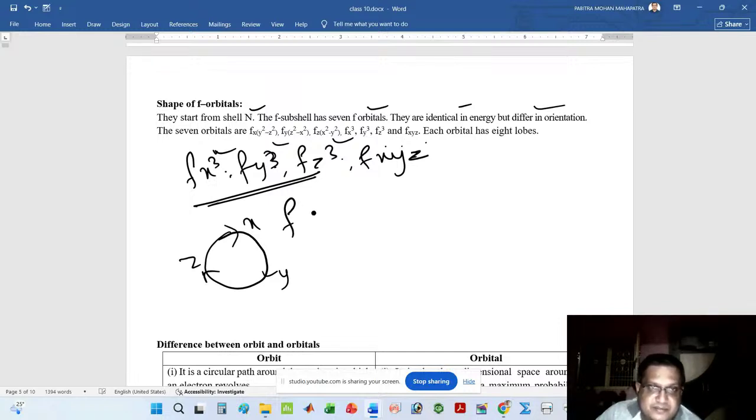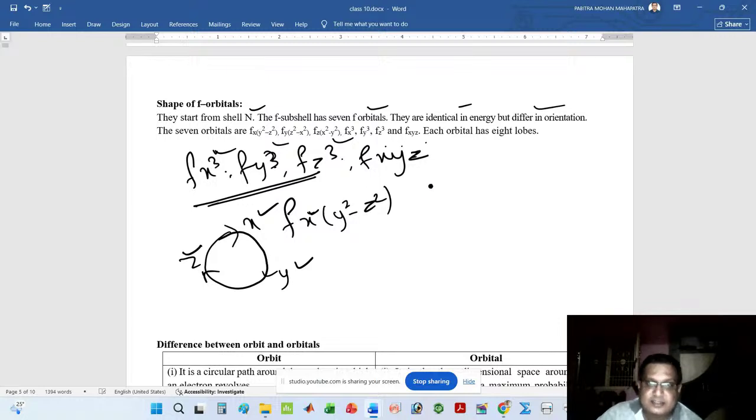Write first f, write x. Then take the difference of the squares of the other two axes. Let me write. First is f, then x, then in brackets y square minus z square.